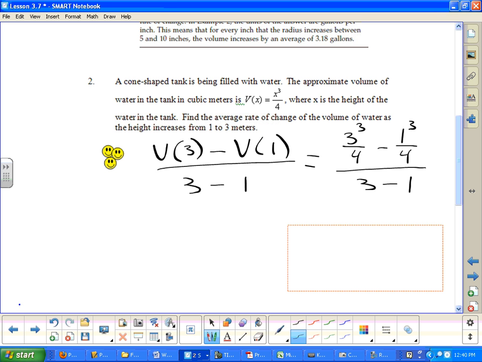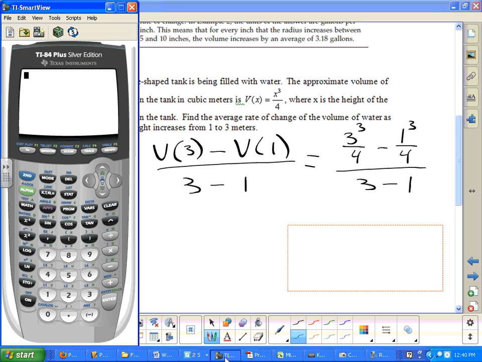Now, this is easy enough to do without your calculator too, right? But I could do it here. I can do a fraction there also.